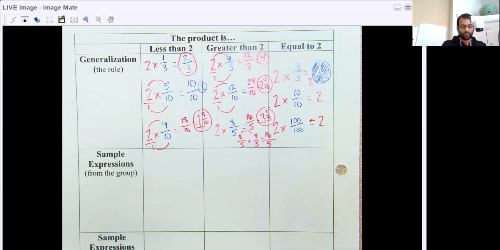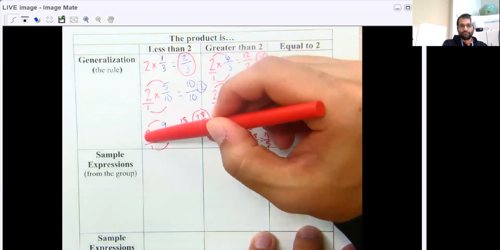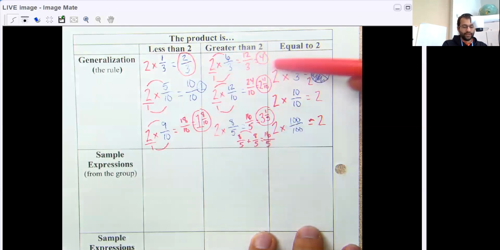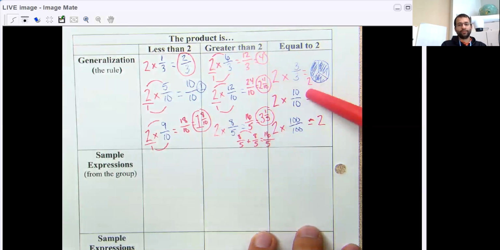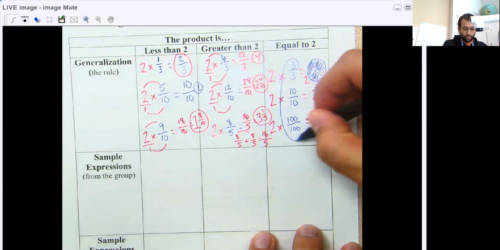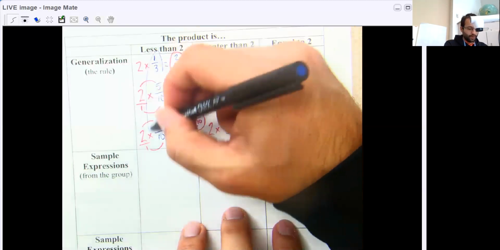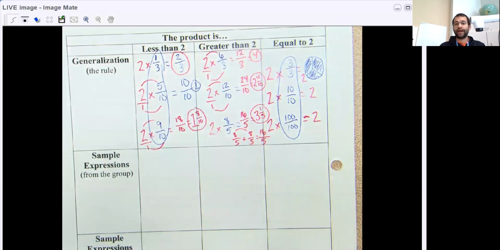Okay, so in order to be equal to 2, notice how every single one, guys, I multiplied by 2. Every single whole number is 2. It's what I'm multiplying by that makes the difference. So all of these numbers are equal to 1 whole. 3/3, 10/10, 100/100. These 3 are all less than a whole. They're a fraction.